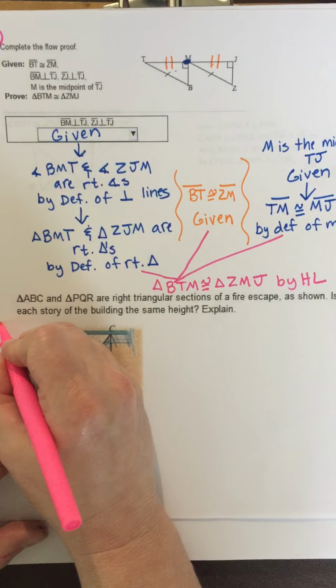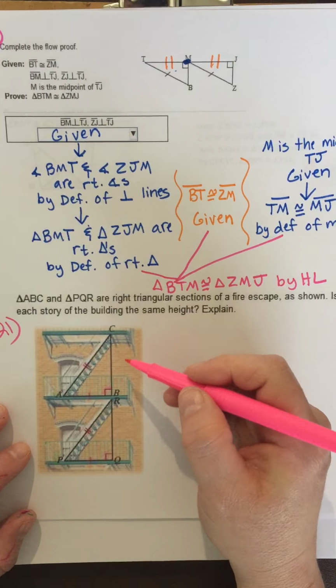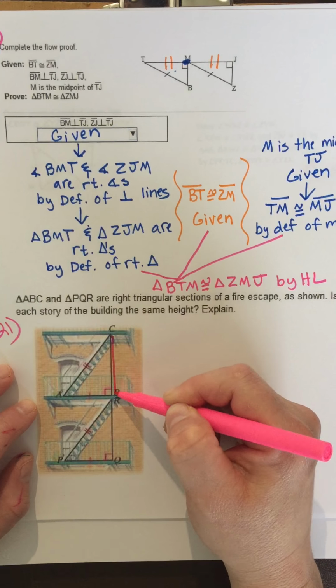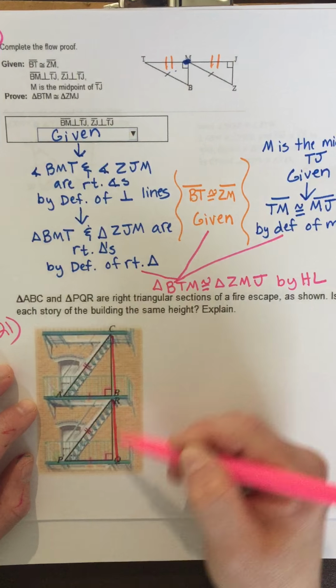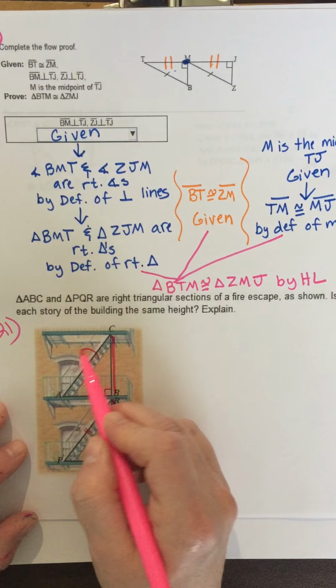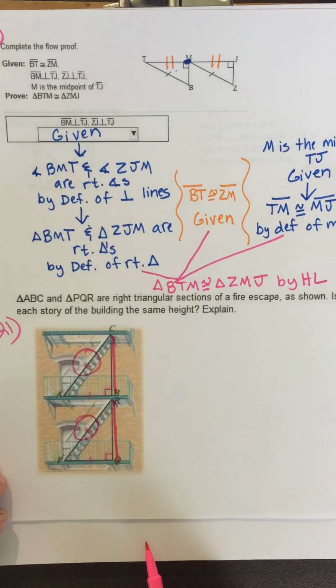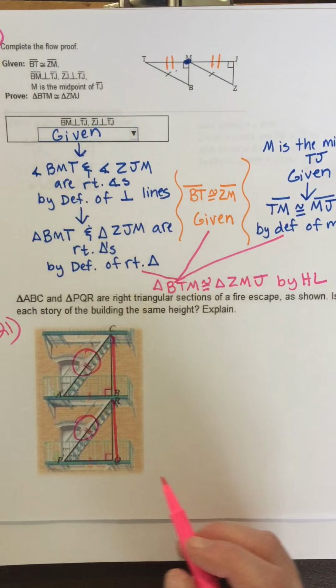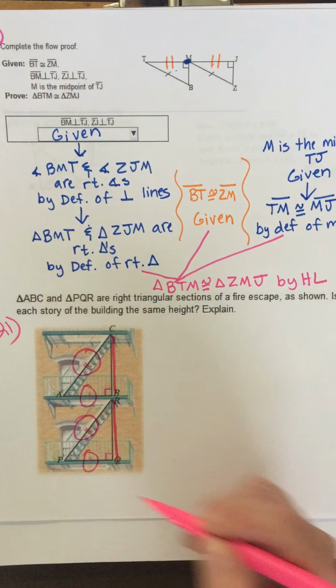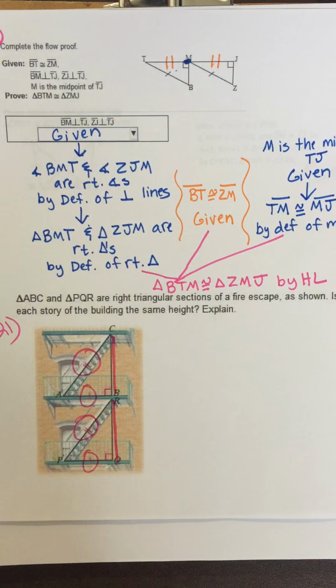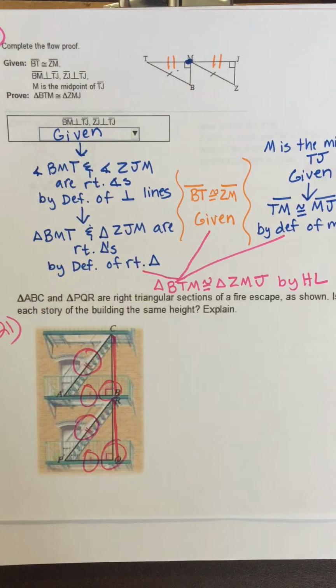All right, for number 21, it wants to know if these heights are the same. And I mean, you guys, they got this part marked congruent, so that's super. We have this part marked congruent, also super. It's a right triangle, so guess what? They are congruent.